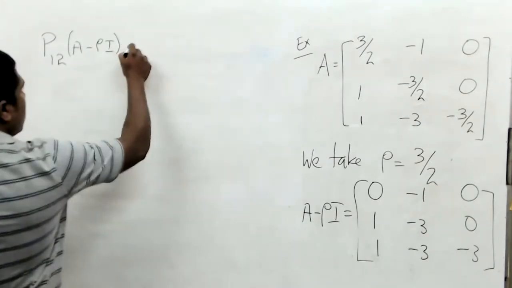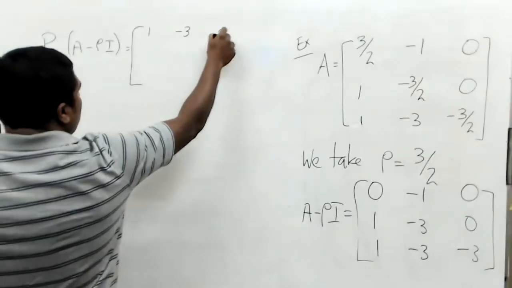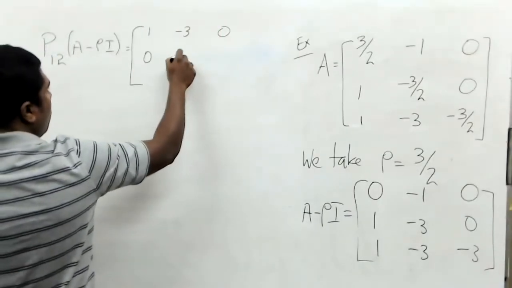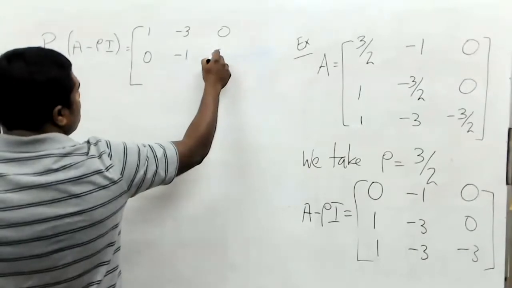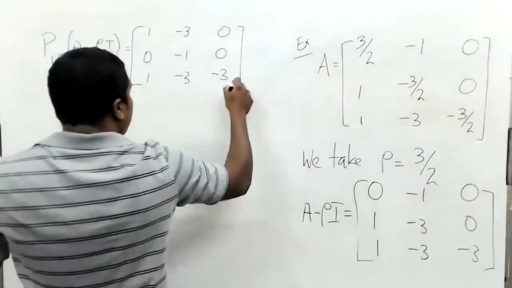That is going to give you 1, minus 3, 0; 0, minus 1, 0; 1, minus 3, minus 3.